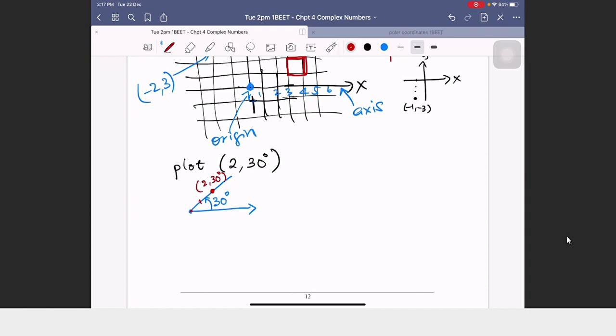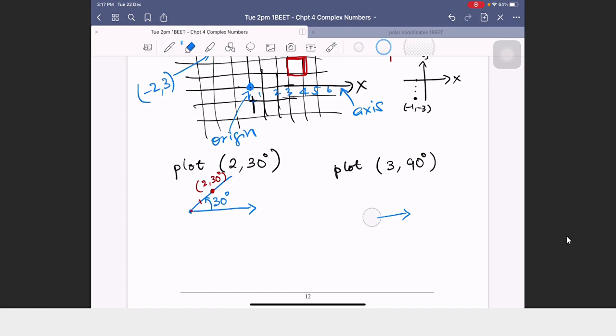Or let's say plot (3, 90 degrees). This is straightforward, but you always start from the polar axis.